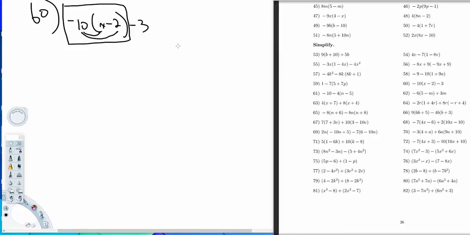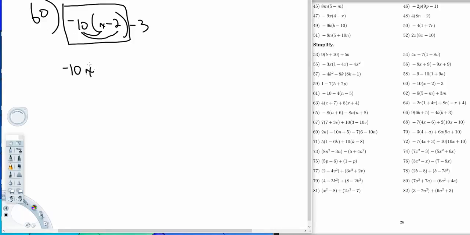Yes, it is. All right. So let's do this. Minus 10 times x, minus 10x, minus 10 times minus 2, which is plus 20, minus 3. Minus 10x, 20 minus 3 equals 17. Is that the answer? Yes, it is.